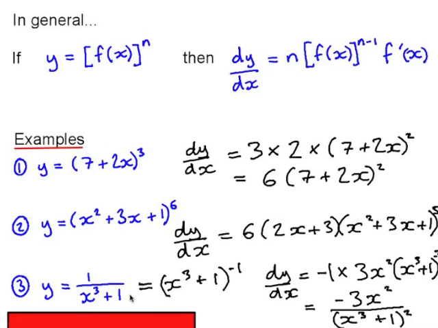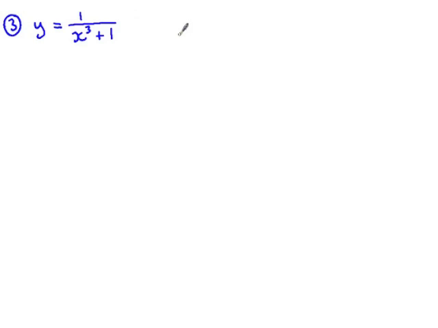Now this example, of course, I could have done using the quotient rule. It's a quotient, so let's try exactly the same question, but using the quotient rule. Let's say that this is u over v. So when I differentiate y with respect to x, remember it's v u dash.